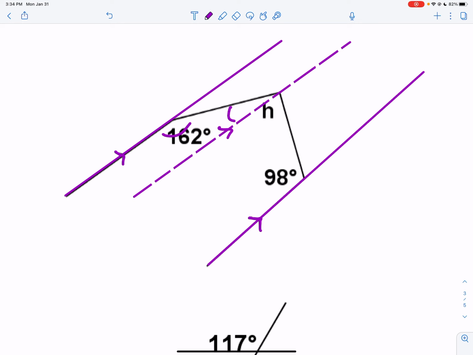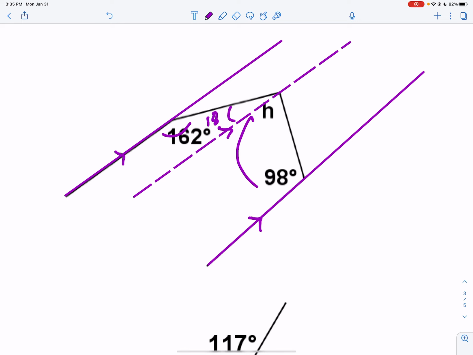They are supplementary. So 162 plus part of h, or 162 plus that angle, has to equal 180. So 180 minus 162 is 18. That's how I got that. So that part of h is 18.